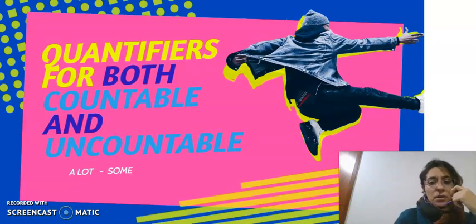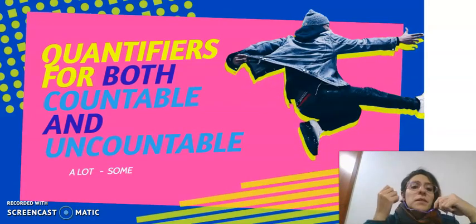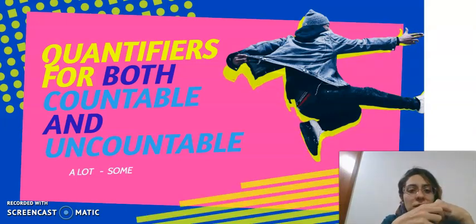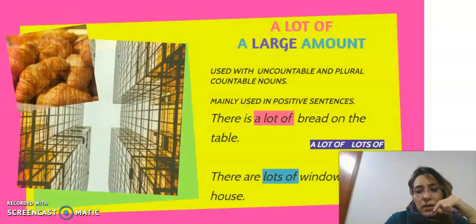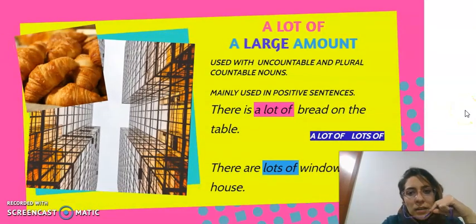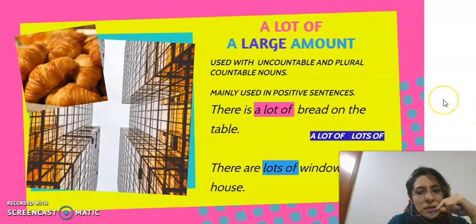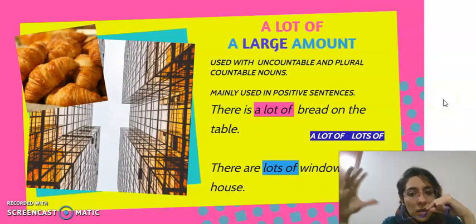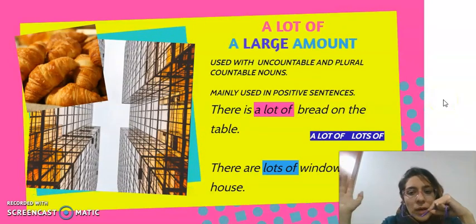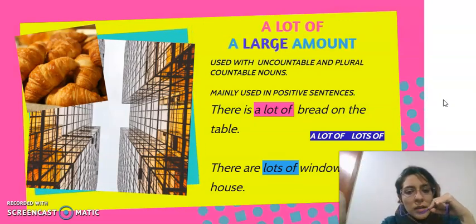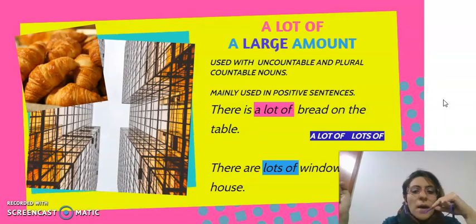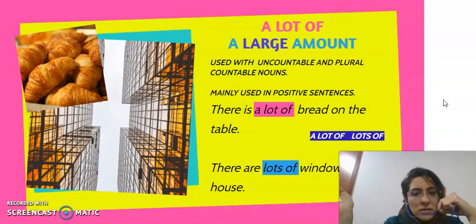Okay, we have another kind of quantifiers, which is both. We can use them with both countable and uncountable nouns, and we use a lot of and some. Here, a lot of is a large amount, a big quantity, which we can use with both uncountable and plural countable nouns, mainly in positive sentences.